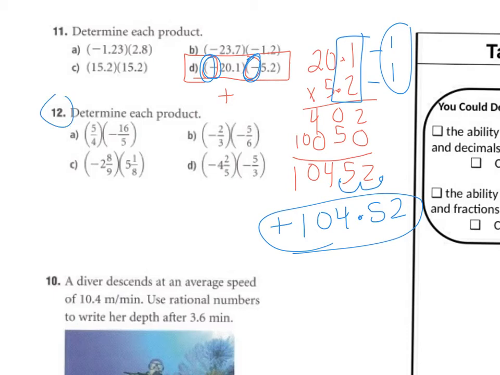Number 12. When you're dealing with mixed numbers, you're always going to want to convert those into improper fractions. So let's do that. To do that, we say negative 4 and 2/5 times plus. Don't make the mistake of doing 5 times negative 4 plus 2. You don't want to do that.